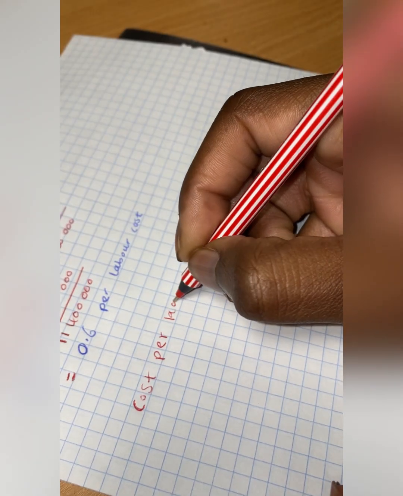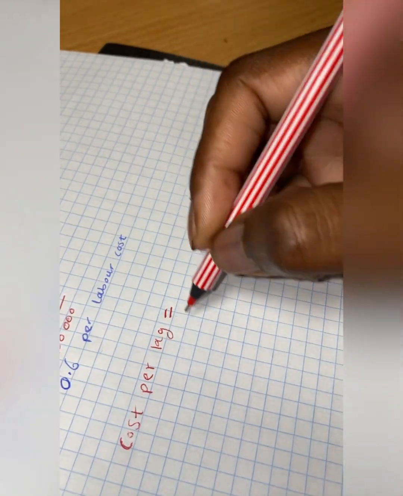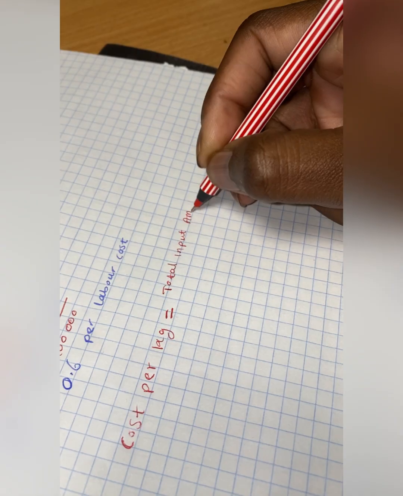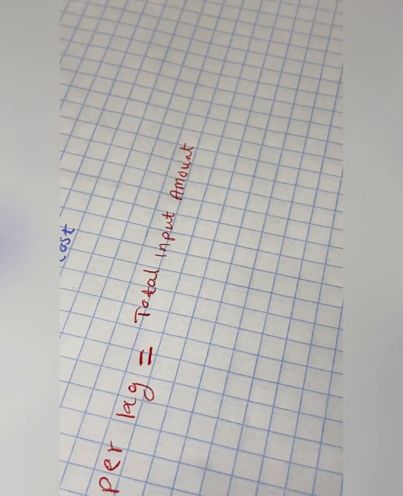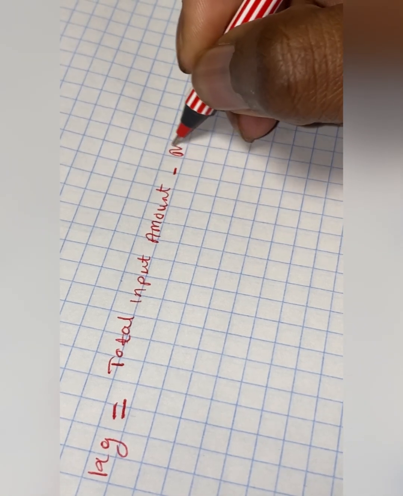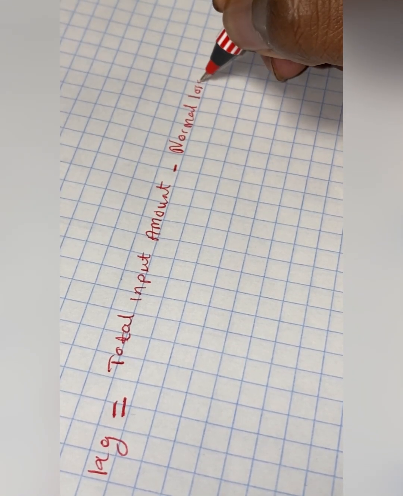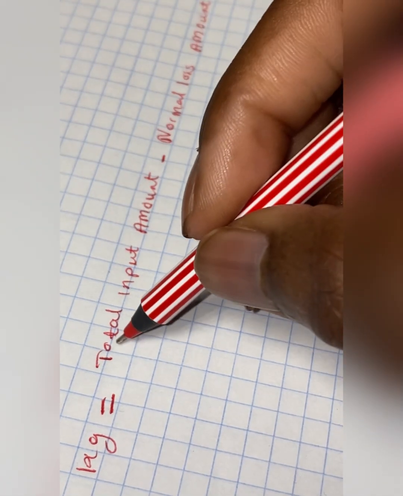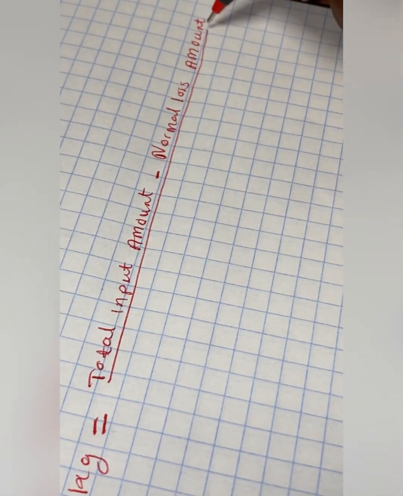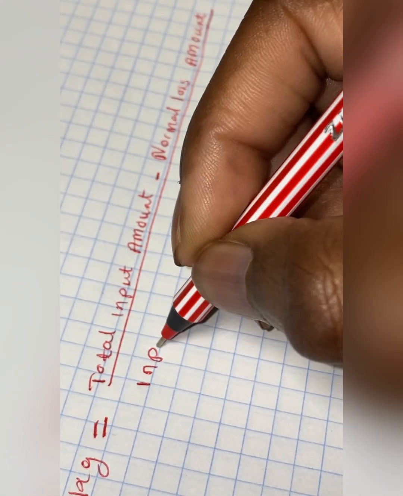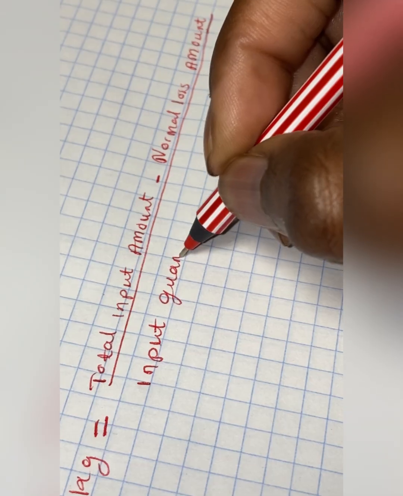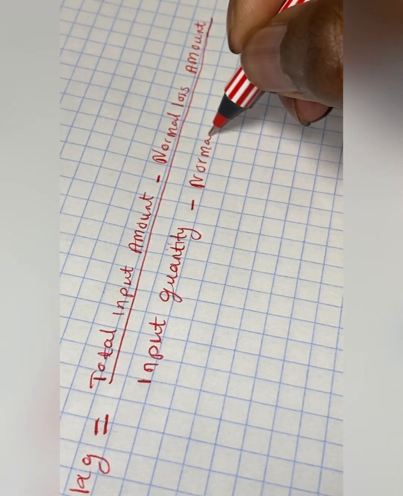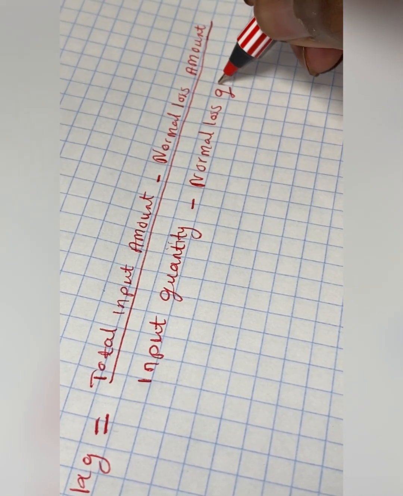Cost per kg. So this one is given by the total input amount, minus the normal loss amount, over the input quantity, minus the normal loss quantity.